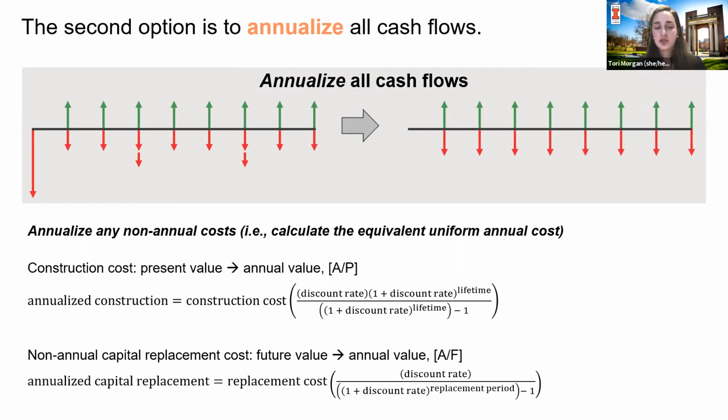The annualized construction is very similar to present worth, but is the construction cost times the discount rate, incorporating the lifetime into that equation. Then the non-annual capital replacement cost is converting the future value to the annual value. And you can see it's similar for the capital replacement as well.